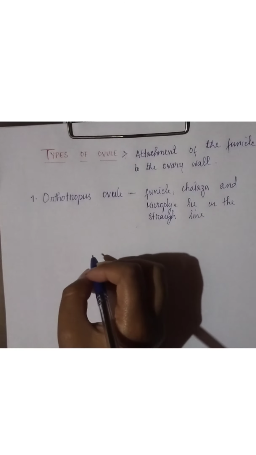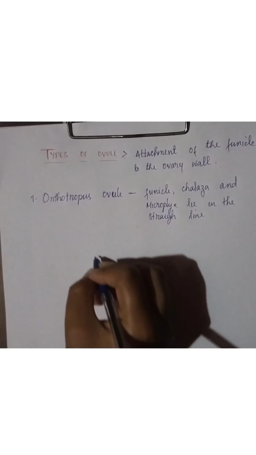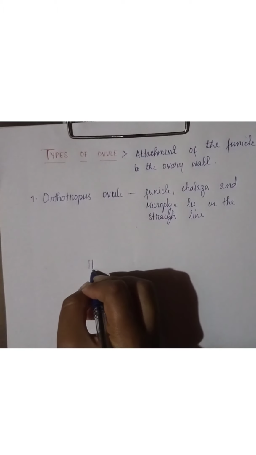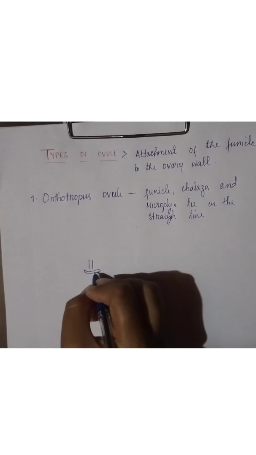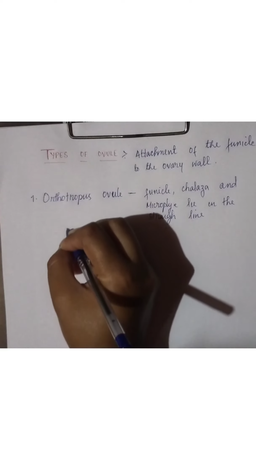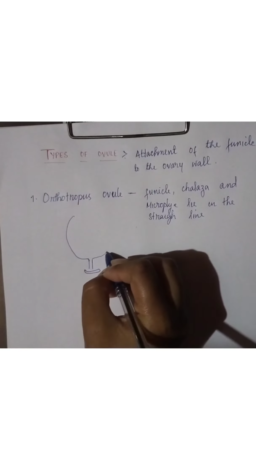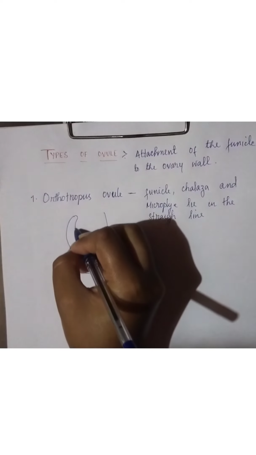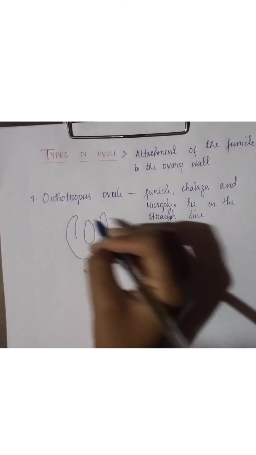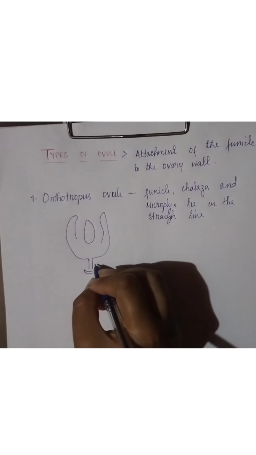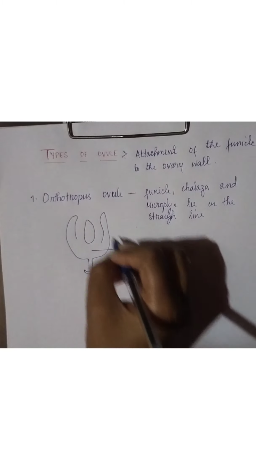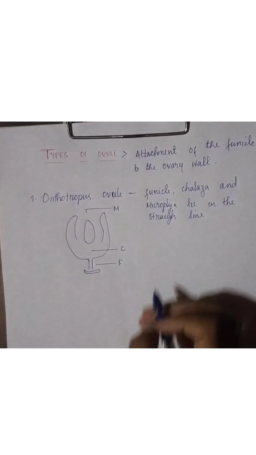The diagram is like this. Here's the funicle. It is attached to the ovary wall. Here is the funicle, here is the chalazal, and here is the micropyle.